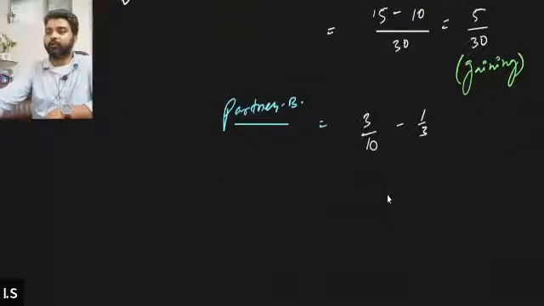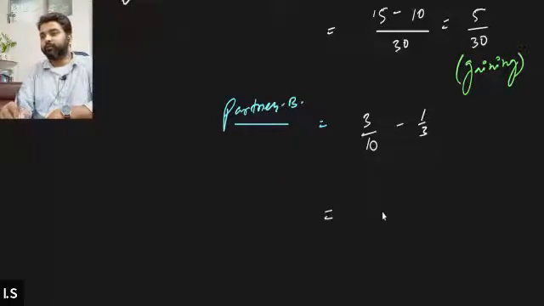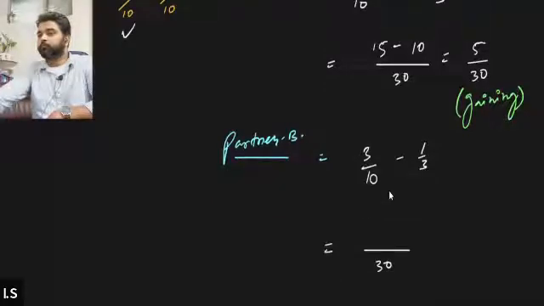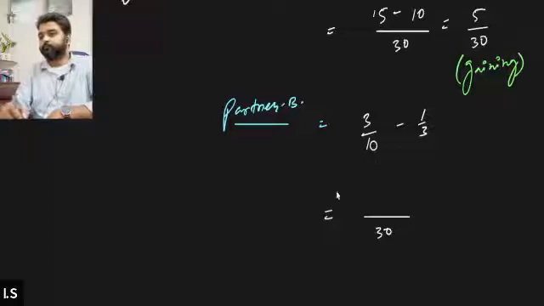When you subtract 1 by 3 from 3 by 10, you will get 9 minus 10 over 30. So it will be minus 1 by 30.